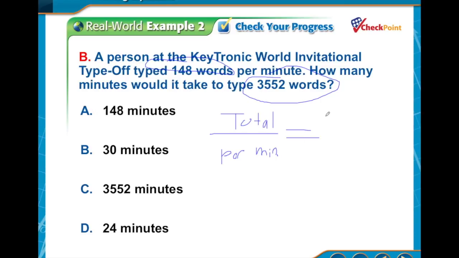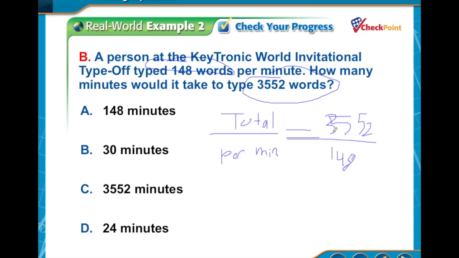In other words, 3,552 is our total. And if we divide by 148 words per minute, this solution will tell us how many minutes it would take to get to this whole total here.